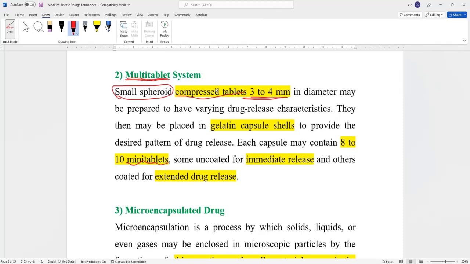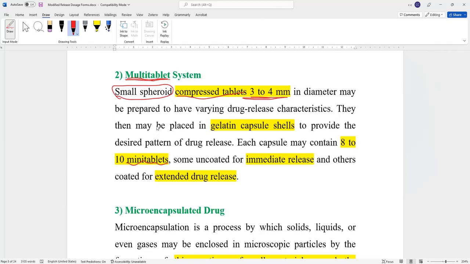Okay, what do you do with this? Now, some of these tablets will be coated, and some of them, the coating applied will not be the same, meaning the thickness of the coat applied to these mini tablets will be different.